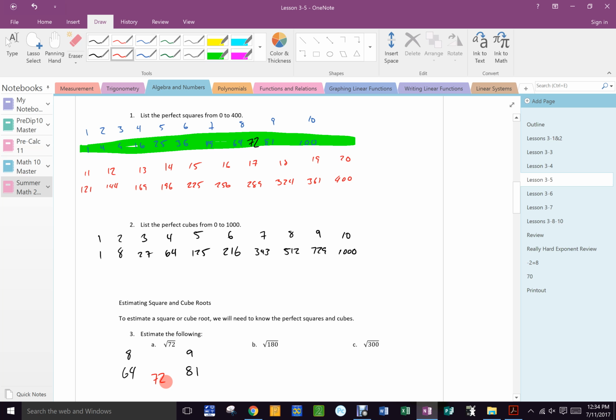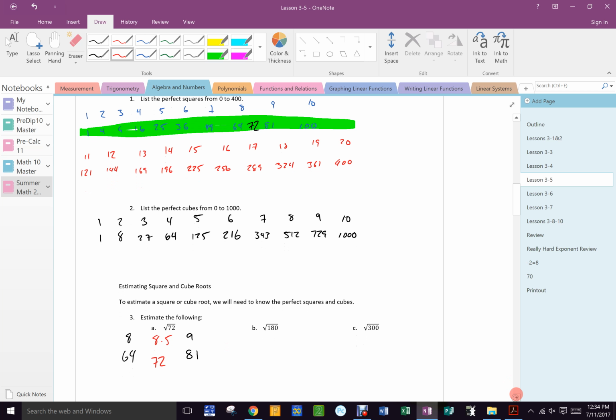How far is it in the middle? It's almost exactly in the middle, isn't it? 64 to 81 is 17, right? That's 8 past that. So shouldn't its square root be almost exactly in the middle up here? Is it a little bit past?